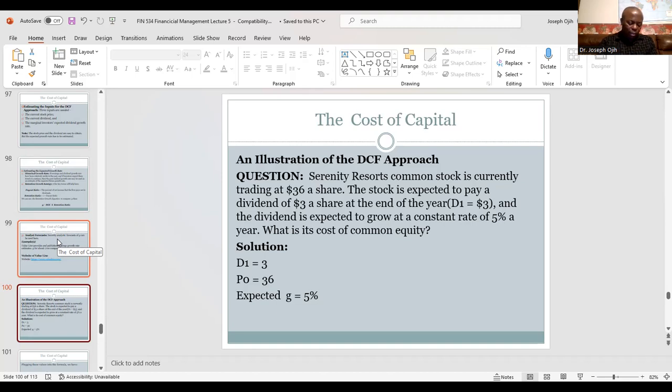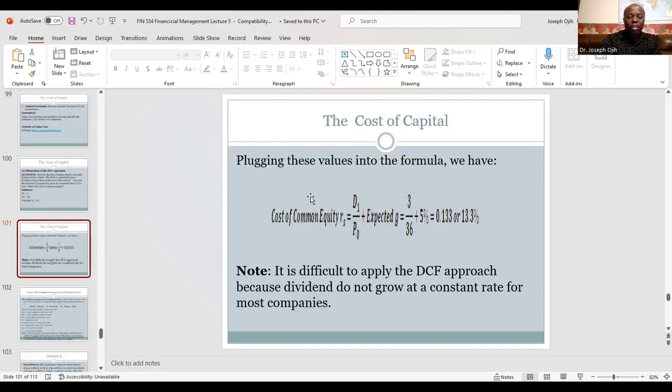Let me write this down, and then we can put it in Excel and get the answer right away. D1 is $3 per share. The price of the stock is $36 per share. And the expected G is 5%. So let's go and put it in Excel.